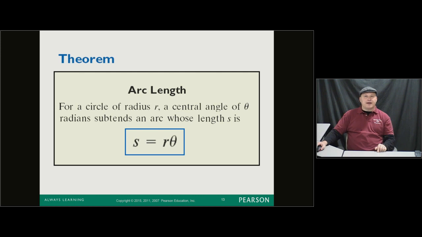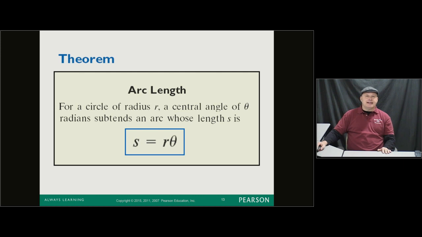It's the circumference. But in this case, we're taking the circumference formula, and we're not having 2 pi r, we're having whatever theta is. Maybe theta is just pi, which is half of a revolution, and then it's pi times r, depending on what the radius of that circle is.